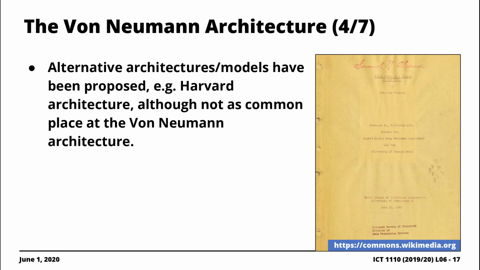I do encourage you to go out there and do a bit of research on what the Harvard architecture is all about and the fundamental differences between the Harvard architecture and the von Neumann architecture. I'd really love to hear your thoughts on this next week when we do meet, which is Wednesday, I think. Something else I'd want us to do is maybe just to see if we can research additional alternatives besides the Harvard architecture.